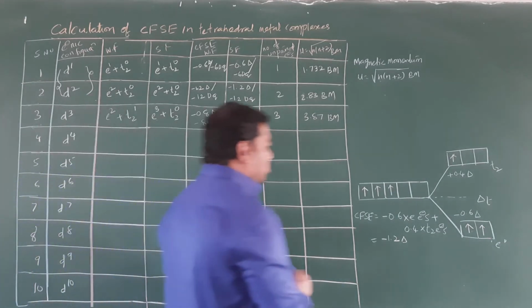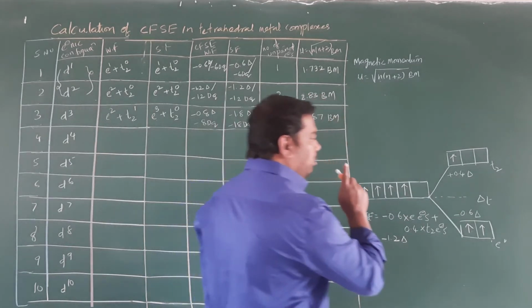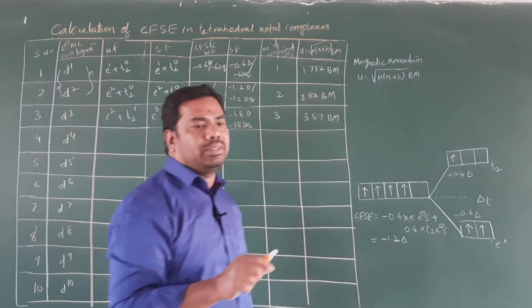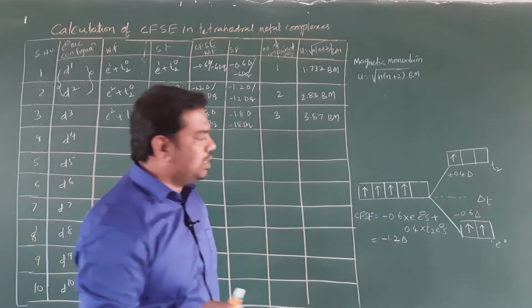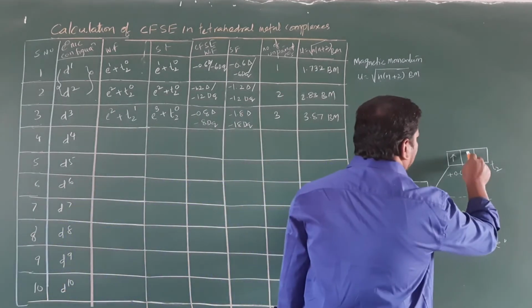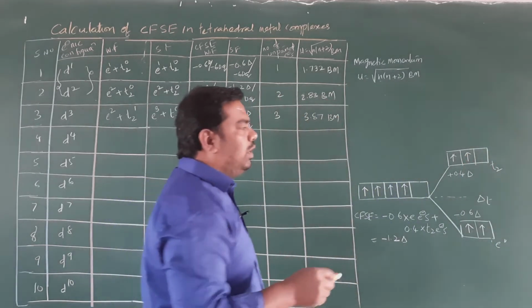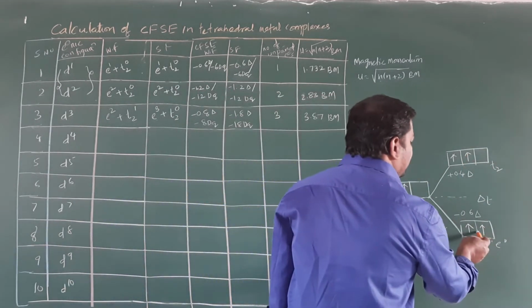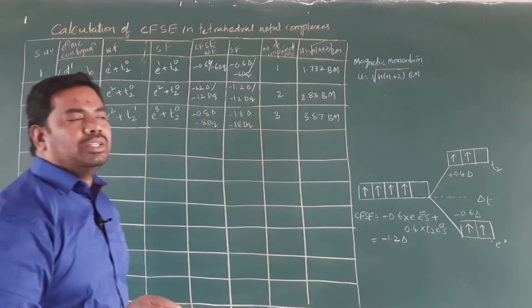configuration, okay, so one more electron is placed into this D4 configuration. If it is a weak field complex, it follows Hund's rule; the electron pairing up is not possible, so this fourth electron is placed into this level only. If it is a strong field metal complex, it violates Hund's rule, so the electrons are paired up in the lower energy level only.